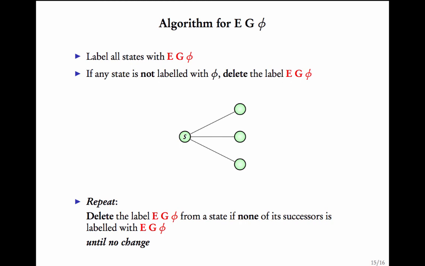We need to keep doing this process till it saturates, in the sense that we need to keep doing this till there is no change in the labeling of the transition system. Once you do this, the states which are labeled with EG5 are the ones from where there exists a path satisfying G5. So this is the algorithm for checking EG5 on a transition system.